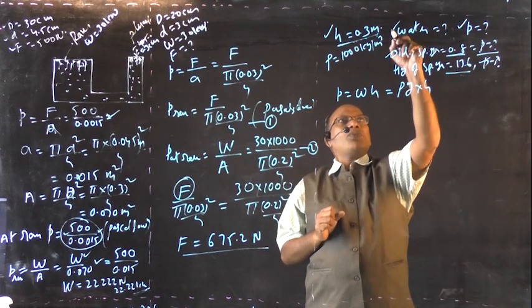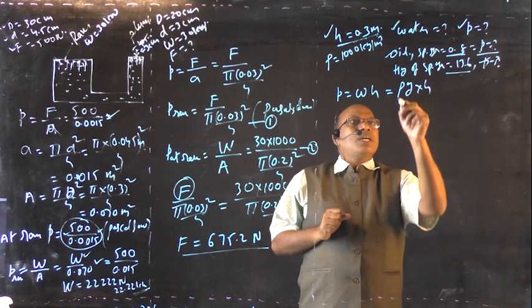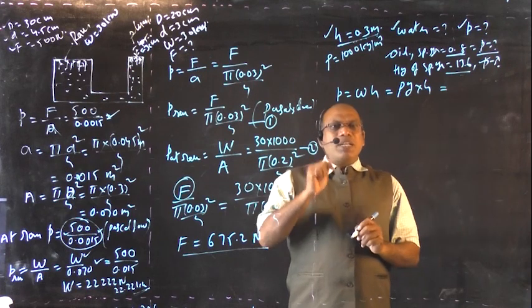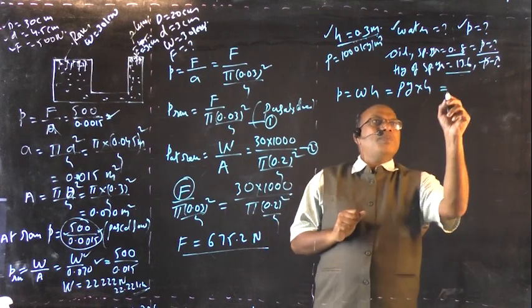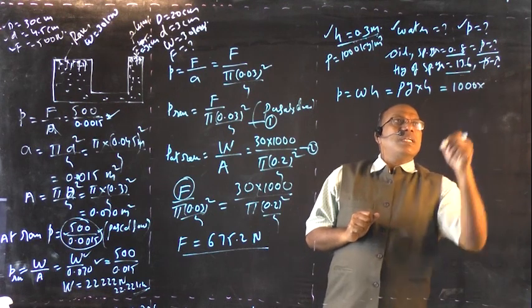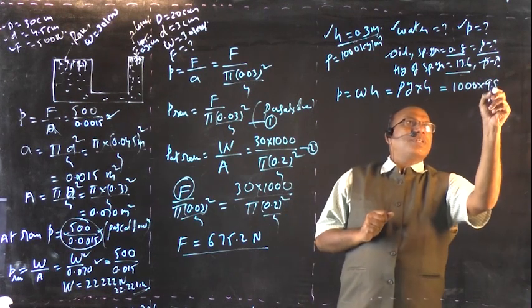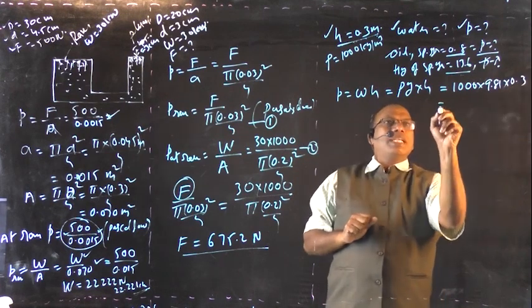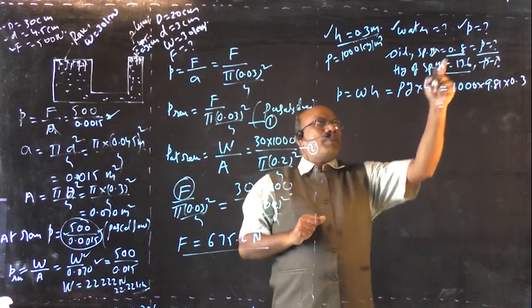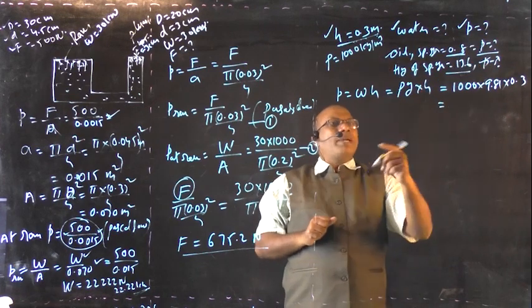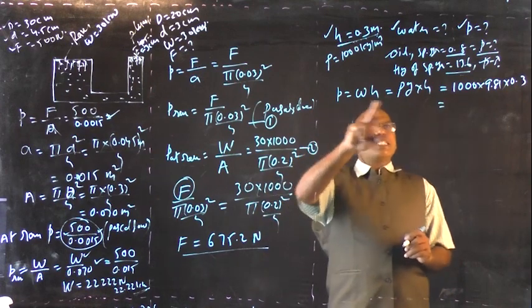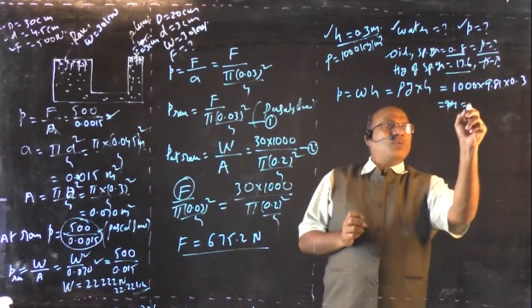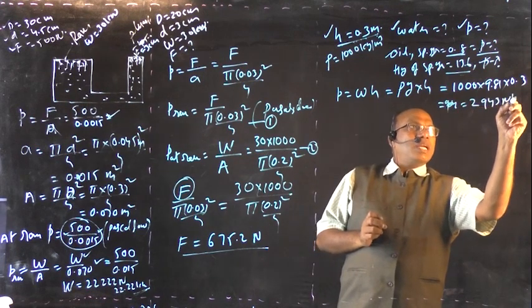Here, first we determine the pressure intensity for water. Standard water density is equal to 1000 kg per meter cube. 1000 into g value 9.81 into H, given as 0.3 meters. Therefore, the pressure intensity because of the 0.3 meters of water column is equal to 2943 Newton per meter square.